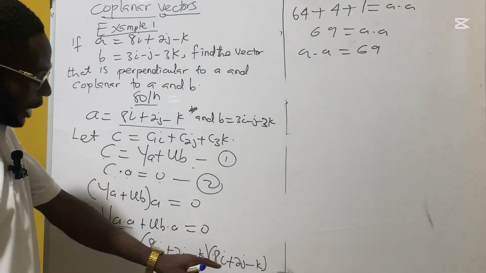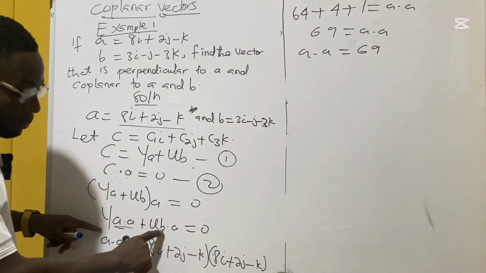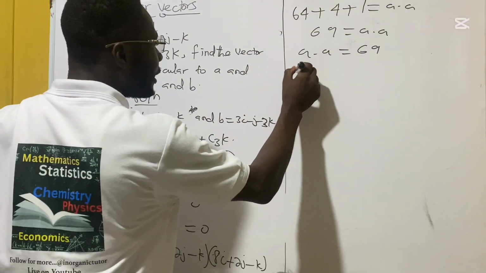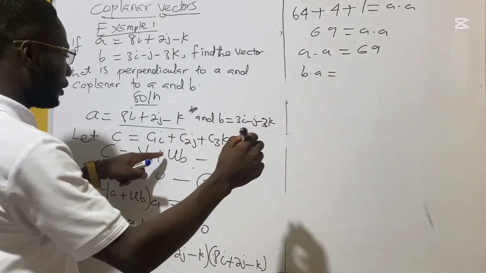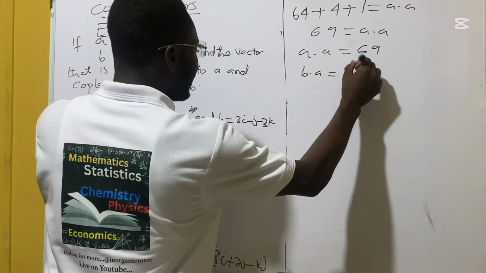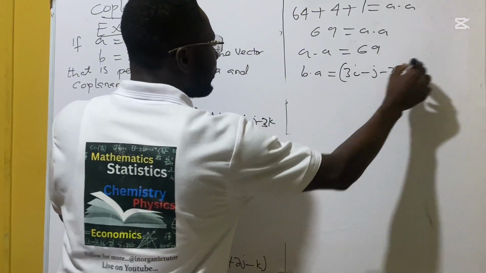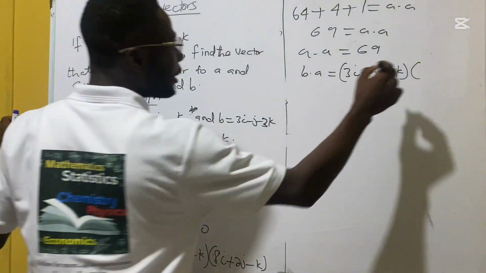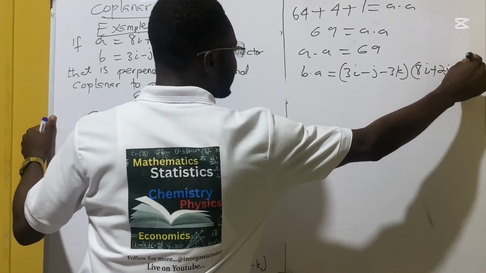Okay, so we have A dot A. Now we have B dot A here. So let's multiply B by A. B dot A will be equal to 3i minus j minus 3k dotted with A, and our A here is 8i plus 2j minus k.